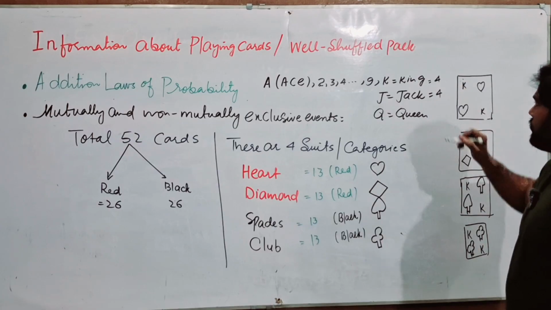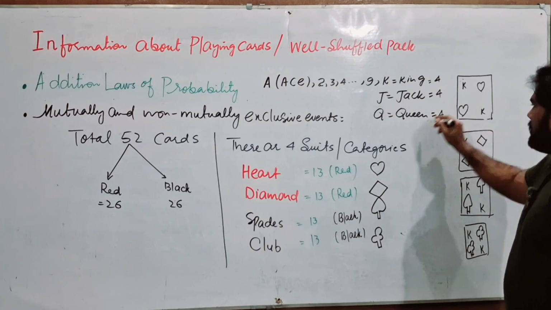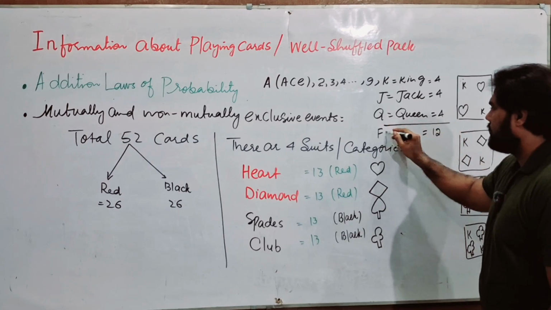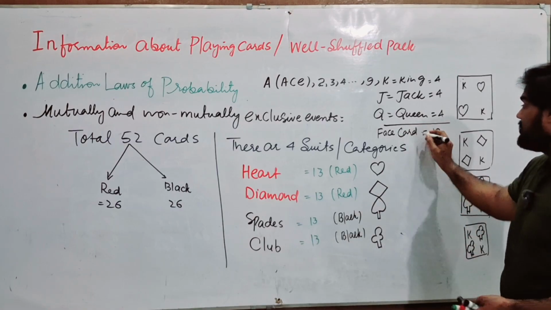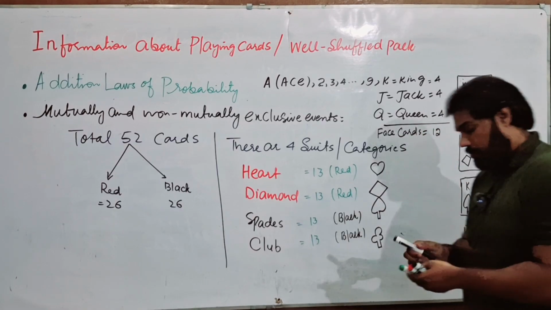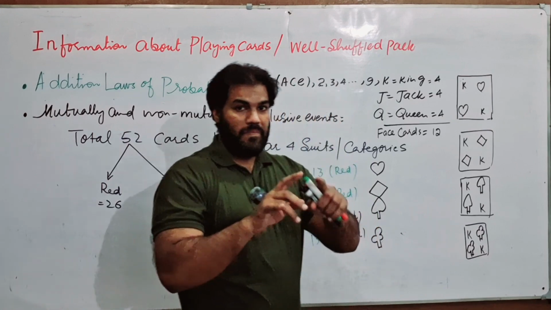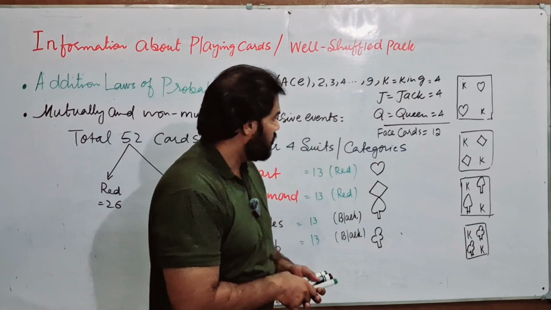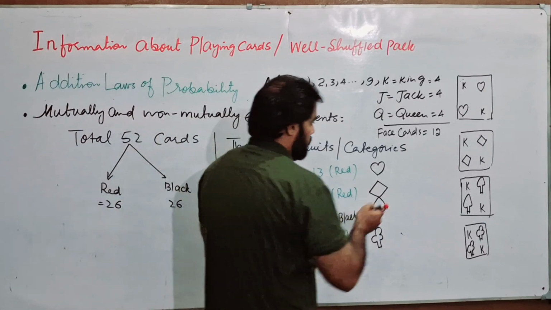Similarly, there are 4 jacks and 4 queens. These total 12 cards are called face cards, and these are also called picture cards, because in these cards you will see a picture of king, jack, queen.